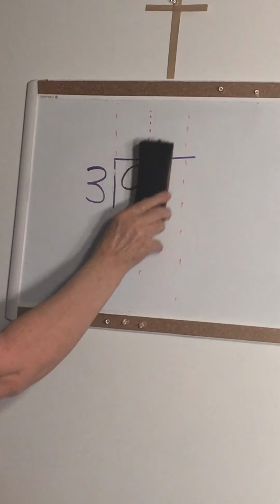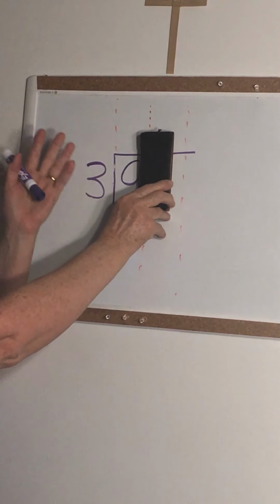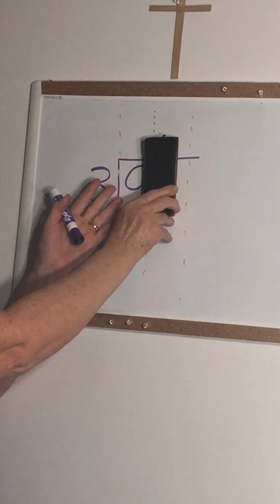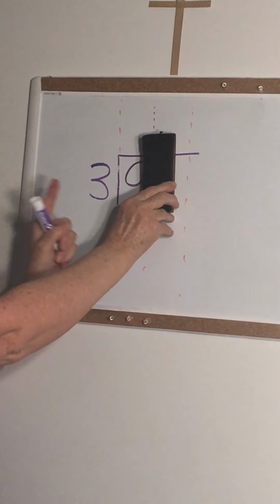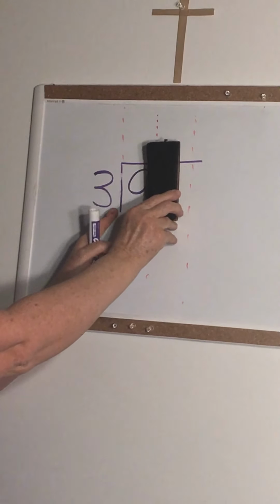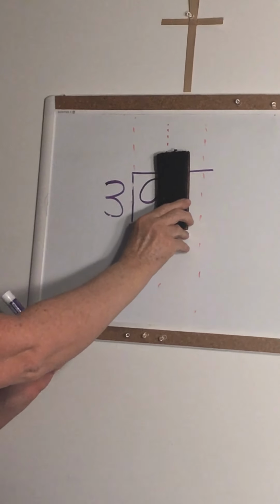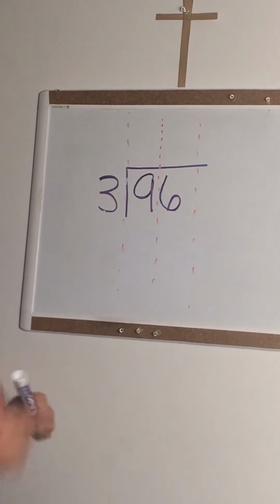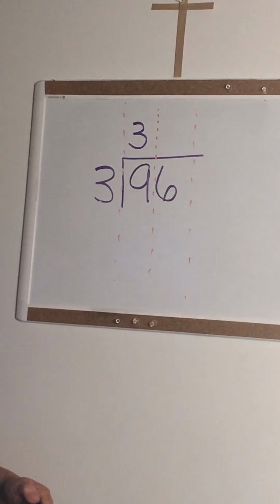So I do this number first because we're going to use it because it's 3 or larger. 9 is larger than 3. Okay? So my first division problem is 9 divided by 3. And 9 divided by 3 is 3. So I'm going to put the 3 right in this column because we're using this column.